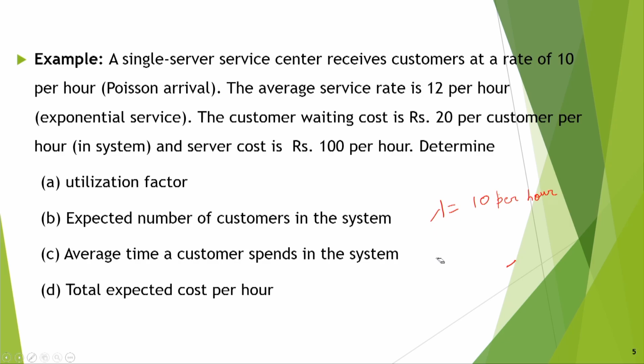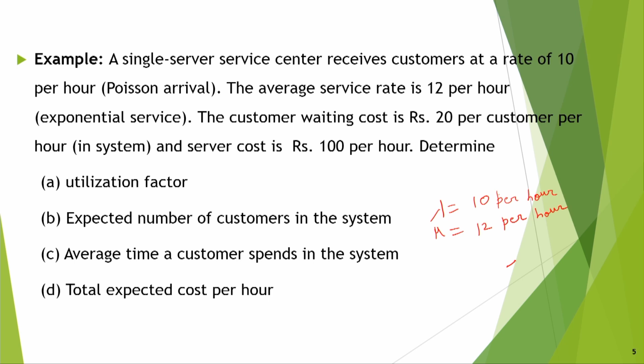Mu, the service rate, is 12 per hour. In a single server, of course, service rate should always be more than the arrival rate, otherwise the queue will become unstable, and you will not get a steady state.